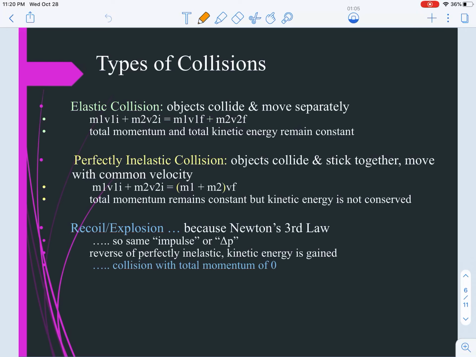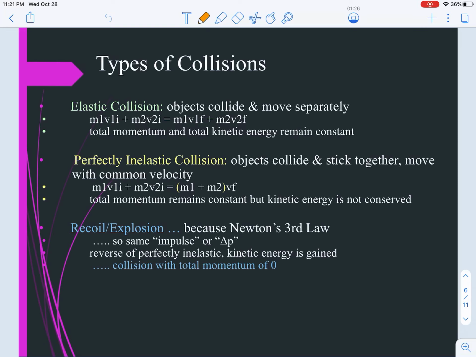So elastic and inelastic. In elastic collisions, we have both conservation of momentum and conservation of energy. With perfectly inelastic, we do have conservation of momentum.